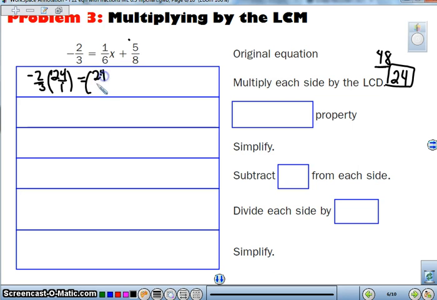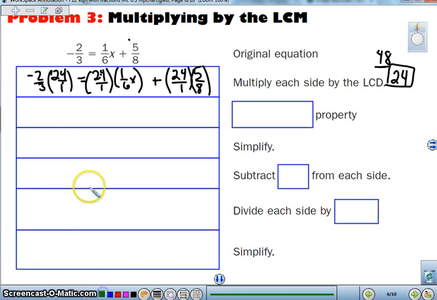So I want to put 24 over 1 times 1/6 x. I'm going to put plus 24 over 1 times 5/8. If you pause the video right now, so everyone has that written down, and then I'm going to do a little bit of the work so that you can see.